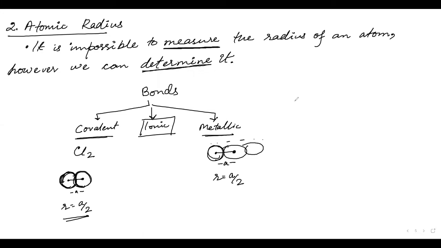Determining means that we are measuring something else, and the assumption is that the radius will be half of the distance between the two midpoints of chlorine atoms. This is an assumption. That is why we are saying it is determined and not measured.